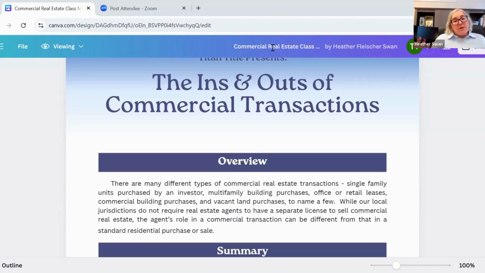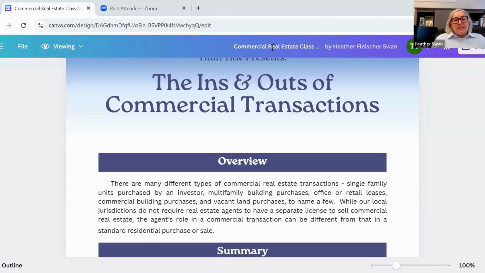So that's an overview of the categories of commercial real estate transactions that you would typically encounter as a residential agent crossing over into commercial real estate, or as a residential agent who is asked questions about commercial real estate by people who might be interested in pursuing a transaction on one of these categories.